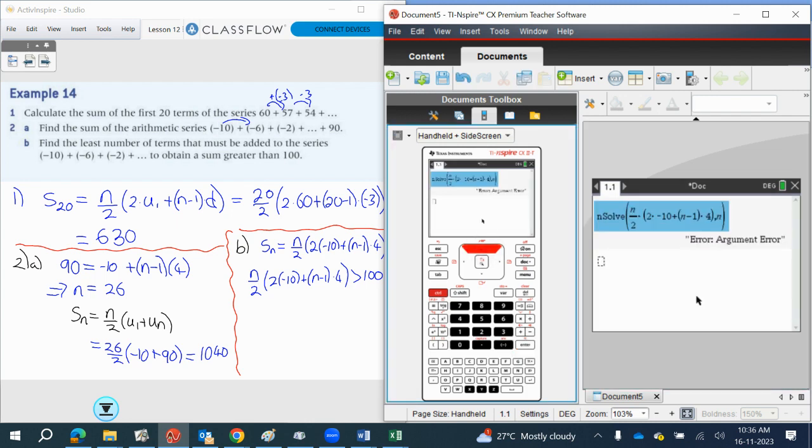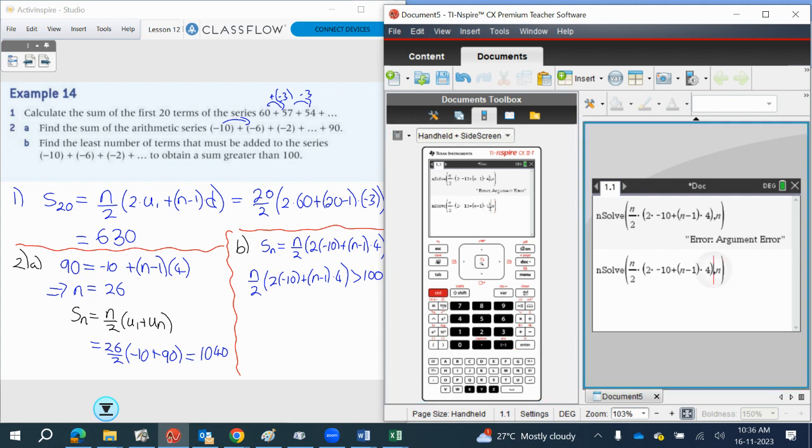Okay, scroll up, edit that. Where did I go wrong? Oh, this has to equal 100.